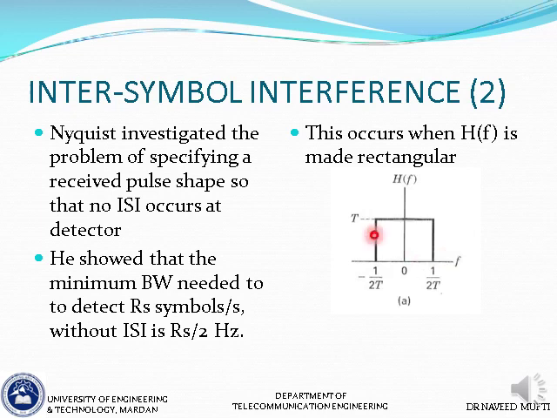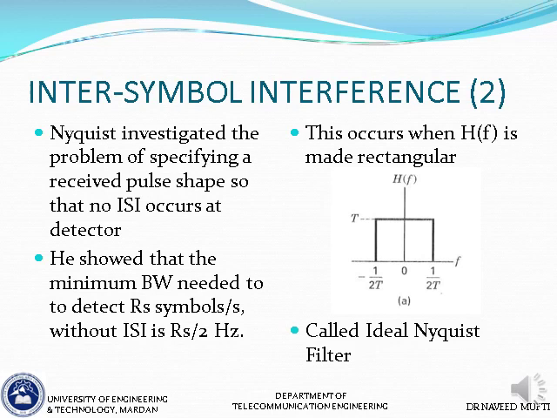So this becomes the target, as we saw on the last slide, that the overall system transfer function is basically the product of the transfer functions of the individual components, the transmitter, the channel, and the receiver. So if effort can be made to end up with an overall transfer function which looks like this, then it is possible to avoid intersymbol interference.